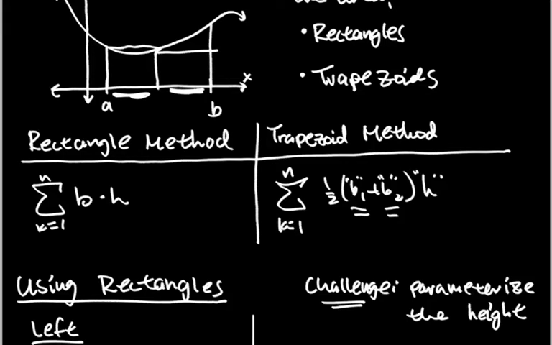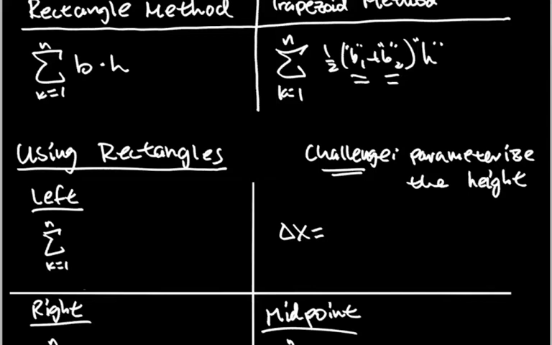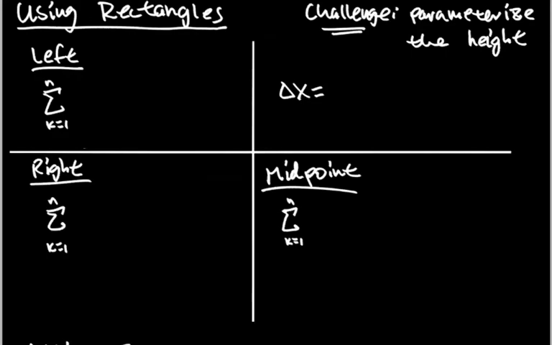If we took the distance between a and b and divided by 2, we would get what we want. What if we had 3 rectangles? Then we do the same thing, but divide by 3 instead. What if we want to generalize that to just n rectangles? Then it'd be b minus a, the distance between b and a, divided by n.